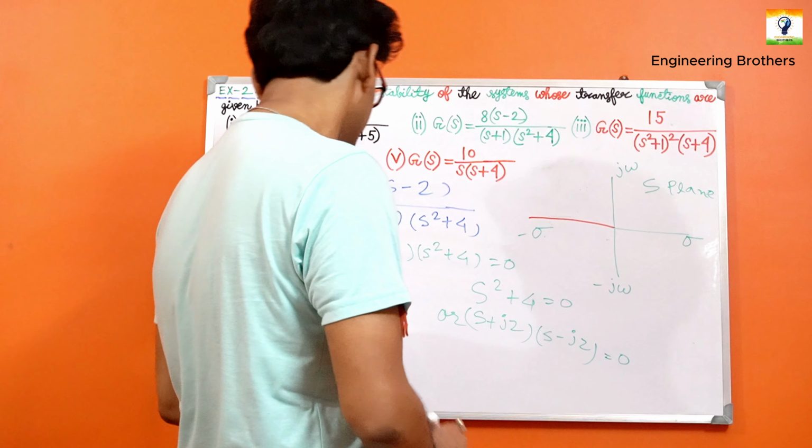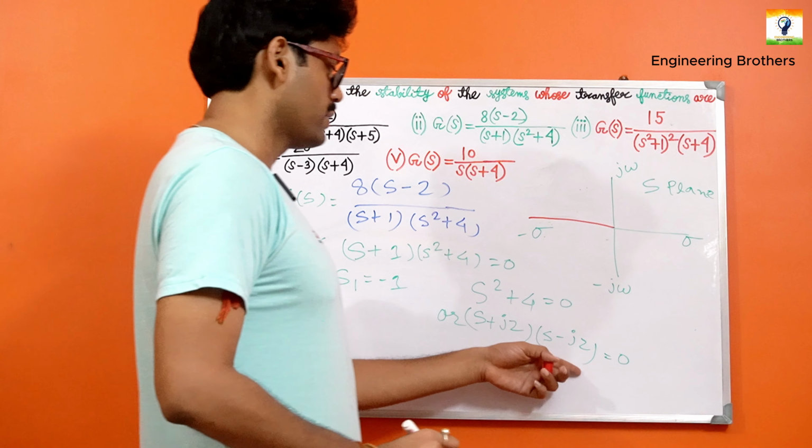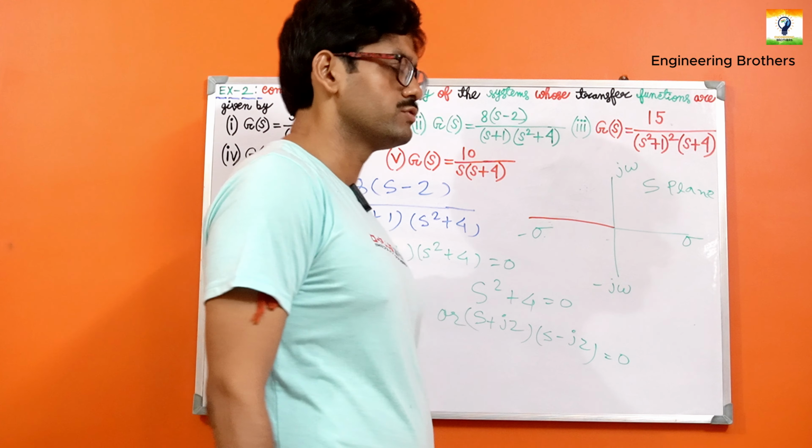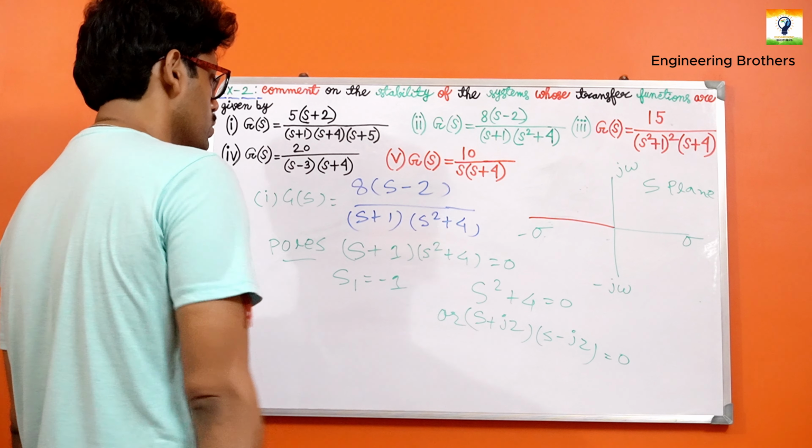These are the locations of our poles, and quite naturally they are complex conjugate poles, placed on our j omega axis, which I am going to show you over here.